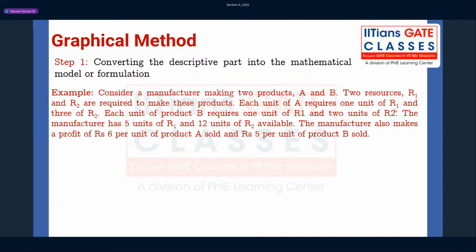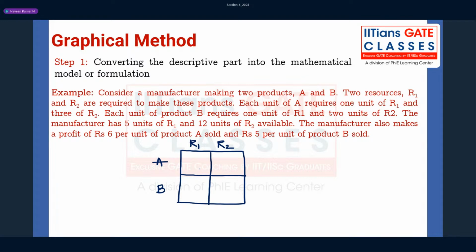Right, now they are coming into the details. So let me make this into a 2D box, kind of a matrix box, right? Let's make the rows as A and B, two products, and resources as R1 and R2, right?